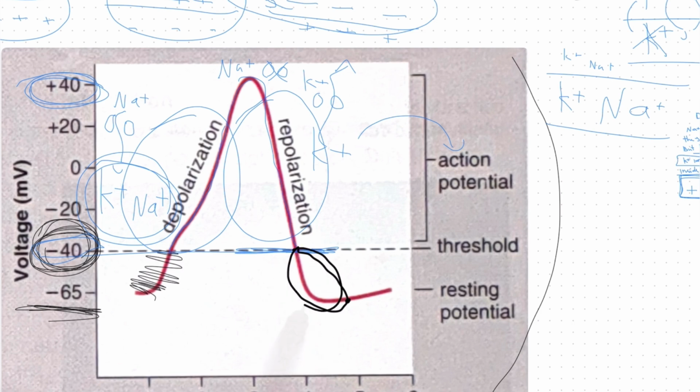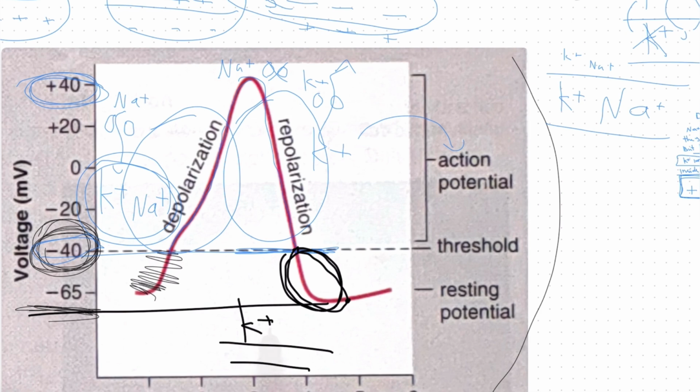In this stage, the membrane is more negative than negative 65, and that is because there is a lot of potassium outside and a lot of sodium inside, and that is not the resting state. The resting state should be like this, more potassium inside and more sodium outside.